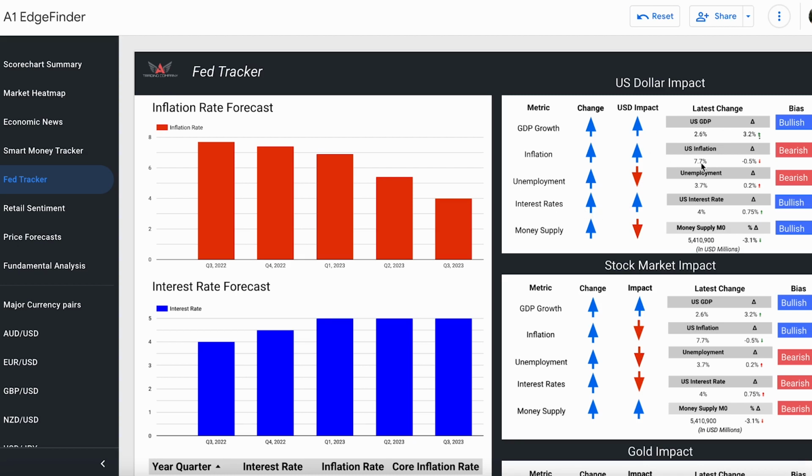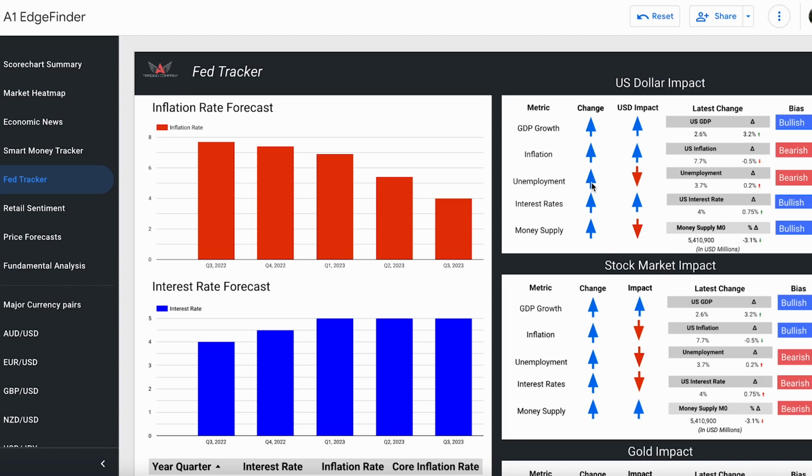So right now, 7.7% inflation is a little bit high, and we're seeing that as bearish. But if inflation gets even higher and we have to raise interest rates like we are forecasted to do, up to 5%, that is a bullish thing for the dollar, and that is good for dollar strength. So high inflation can be a good thing for currency strength when it comes with higher interest rates.